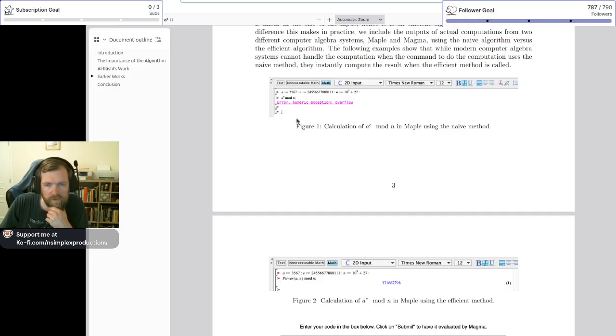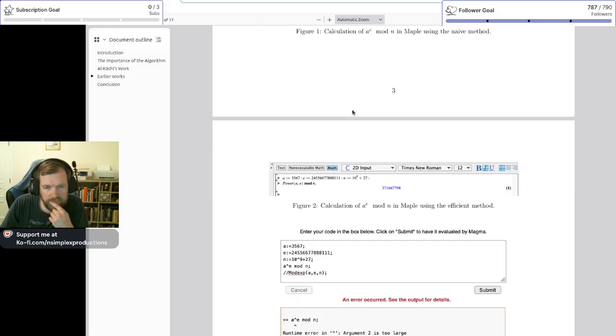Right, so we get an overflow in Maple attempting to do 3567 raised to the 24-ish trillion power. Yep. Calculation of a^e mod n in Maple using the efficient method immediately comes back.